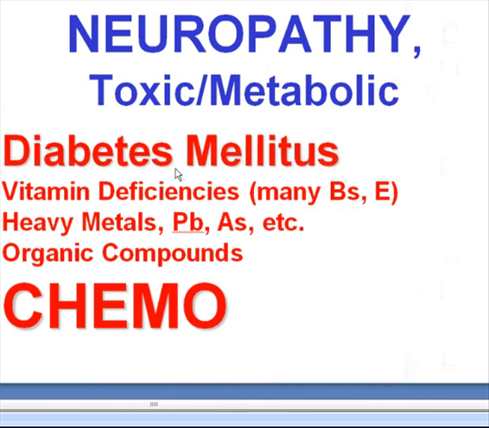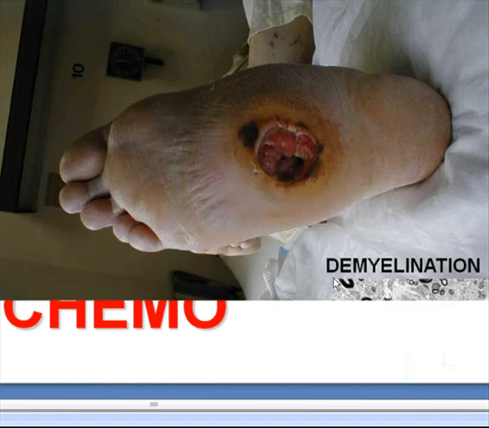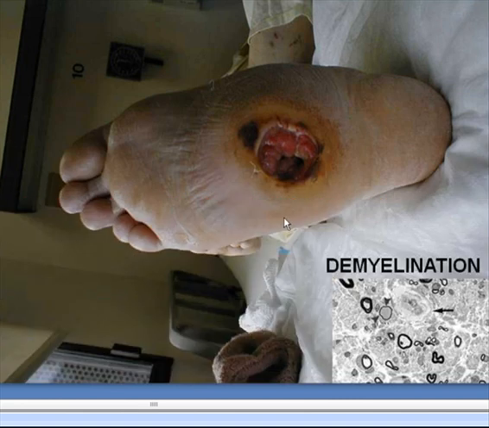Because remember we said when the nerve doesn't work, the soft tissue degenerates, and certainly the muscles die as well. And in the actual neuropathy of diabetes, we have 2 things going on. You have a direct toxic effect due to the abnormal blood chemistry, and you also have some demyelinization going on as well. So the neuropathy with diabetes is both a demyelinization, nonspecific process as well as a toxic process.